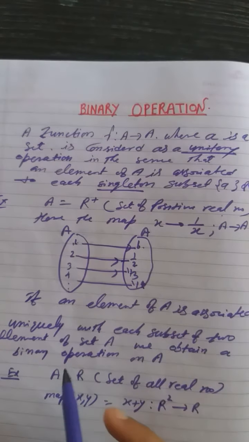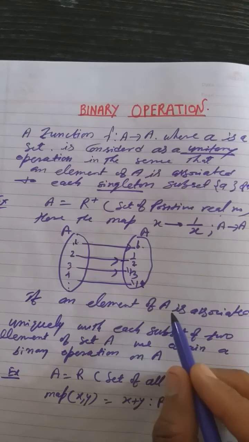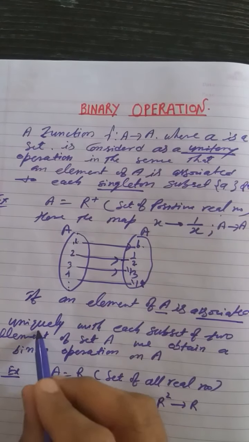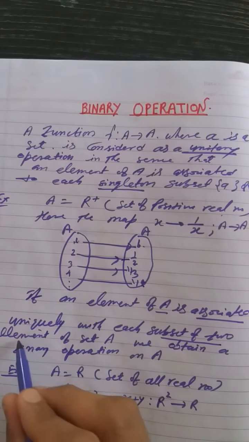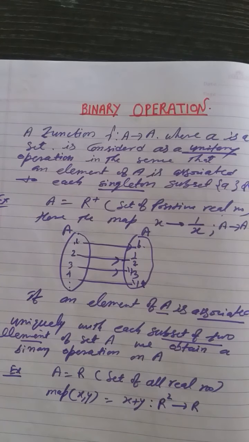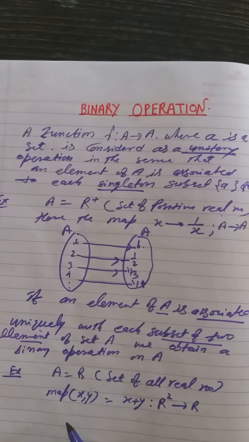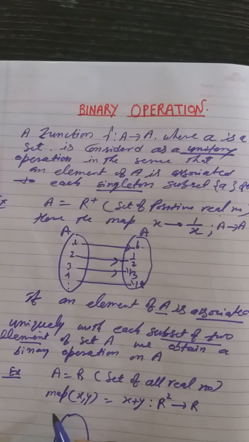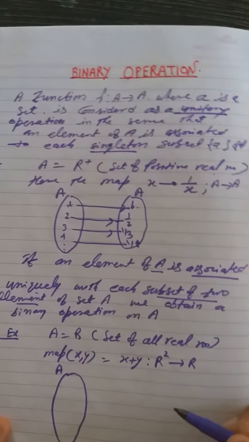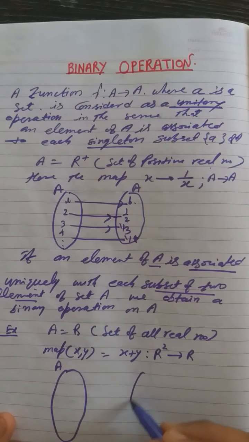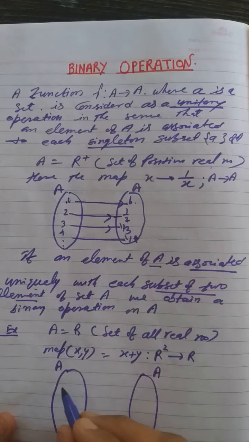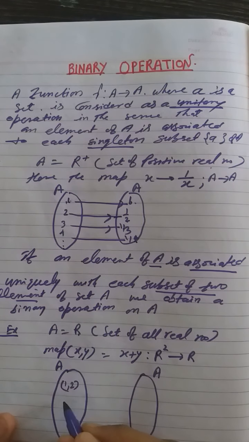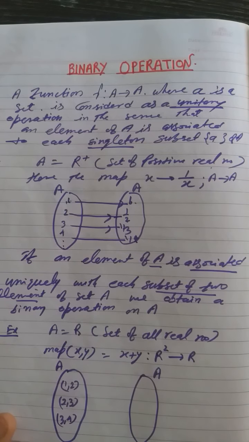You must understand that the element of A is associated uniquely with each subset of two elements of A. Let us see how. Set A, you can see, is associated with pairs 1, 2; 2, 3; 3, 4 like that.